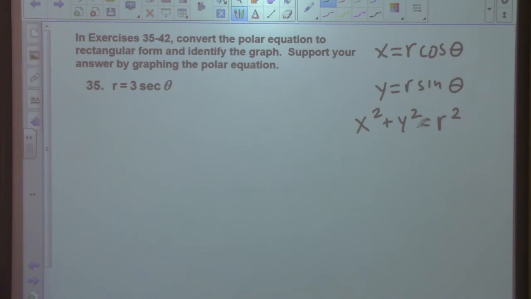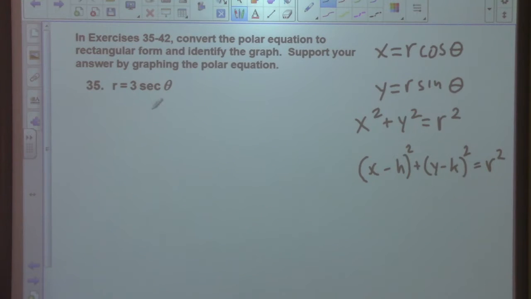And then there are different forms. There's also this form here: x minus h squared plus y minus k squared equals r squared. So that's a variation, and we're going to use variations of all these things, essentially.